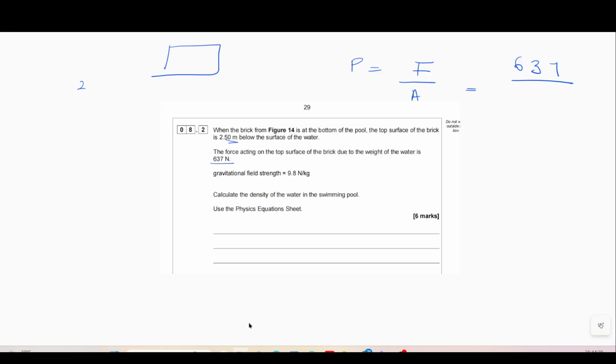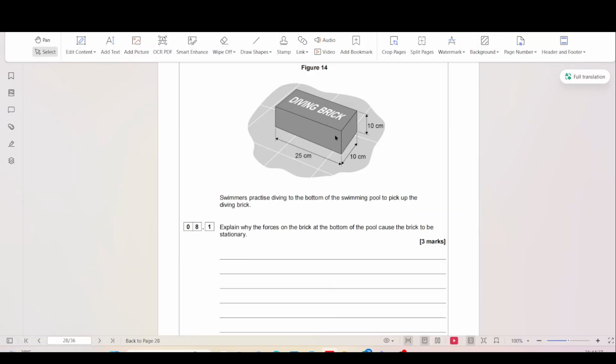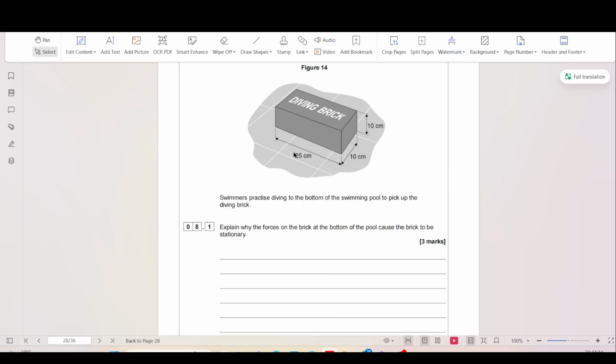If you find the area, just look at 25 and 10. Even if you forget about that 2.5, what will be the area? 25 times 10, right? Length times width is the area.